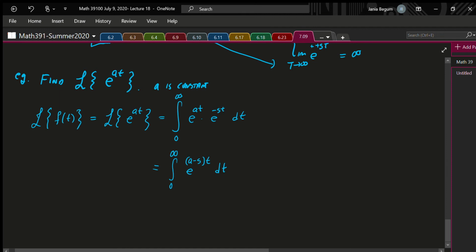So you can change this to an improper limit question and then take the integral. So we take the limit as, let's say, A goes to infinity. I'm choosing capital A now instead of big T, so that way we don't have t and t all over the place. So we have the integral from 0 to A of e to the (a minus s) times t, dt. So what is this integral?